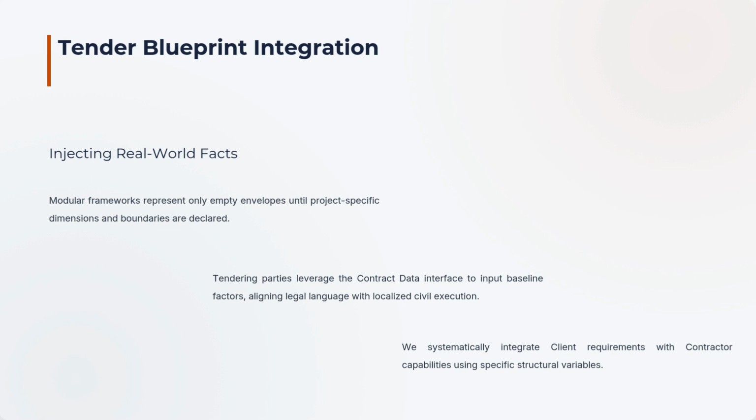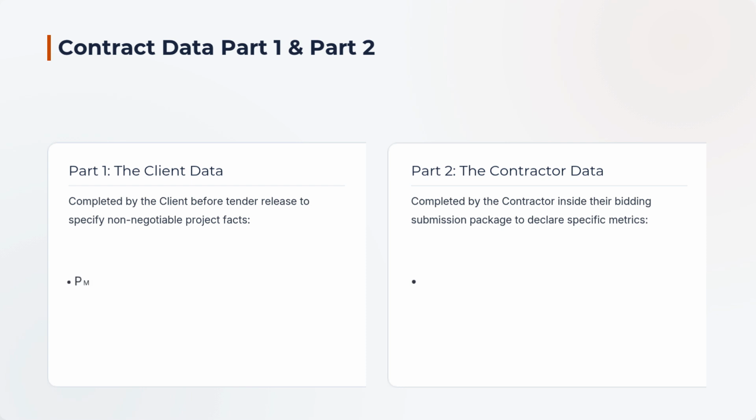We have our clauses and our options selected, but right now it's still just a generic template. To bring this contract package to life, we need to inject project-specific data. We do this through the contract data. The contract data is divided into 2 distinct parts. Contract data part 1 is filled out by the client.